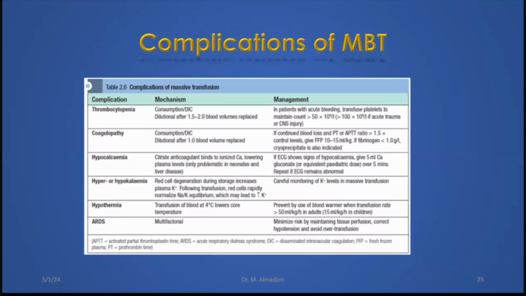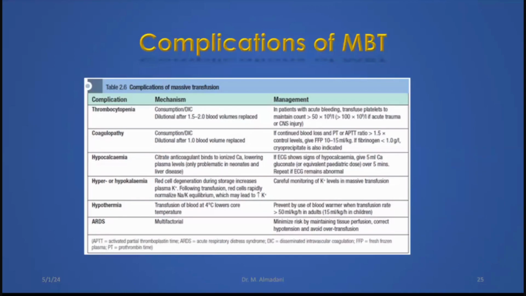Hypocalcemia, we talked about this before, and hyperkalemia or hypokalemia. Both of them might be a possible complication of massive blood transfusion, related to a reversed normalization of the potassium.